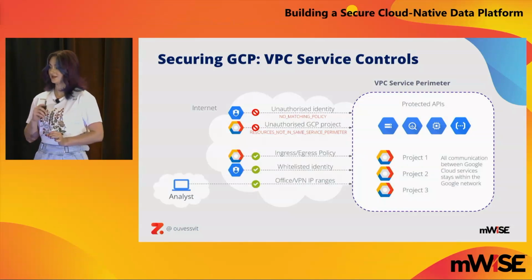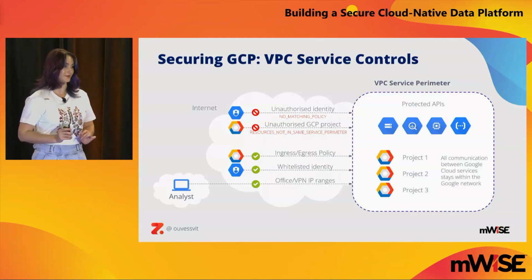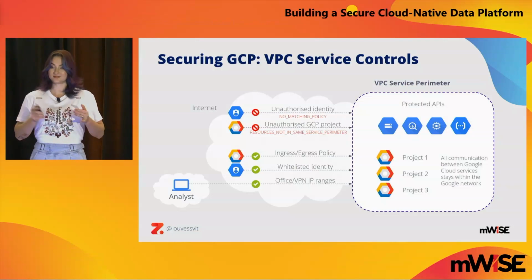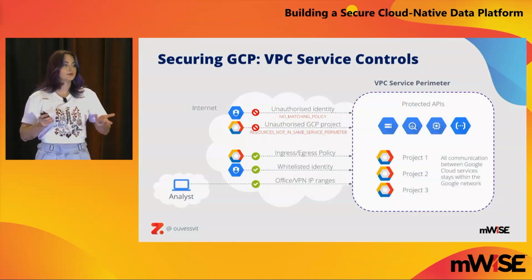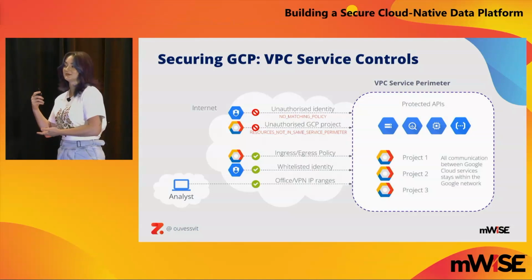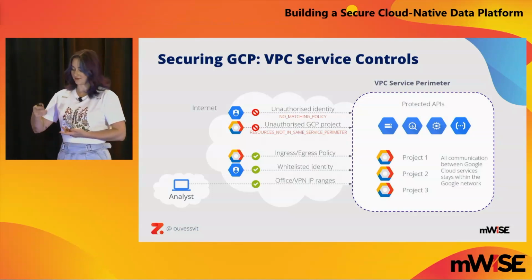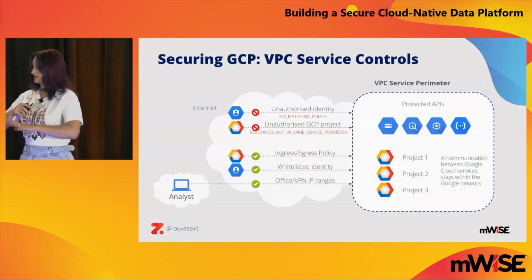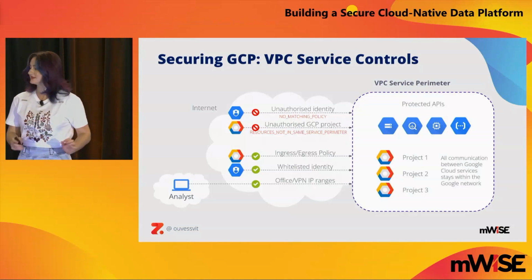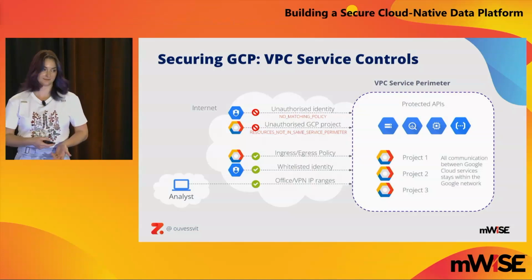And only those that you want and you specifically permit will be allowed. The requests from the outside world include the requests that are coming from the internet, but also requests that are coming from a different GCP project. Let's say you have a fourth project here that is not in the perimeter, and you want to query some data from there. It will be denied unless you specifically allow it.